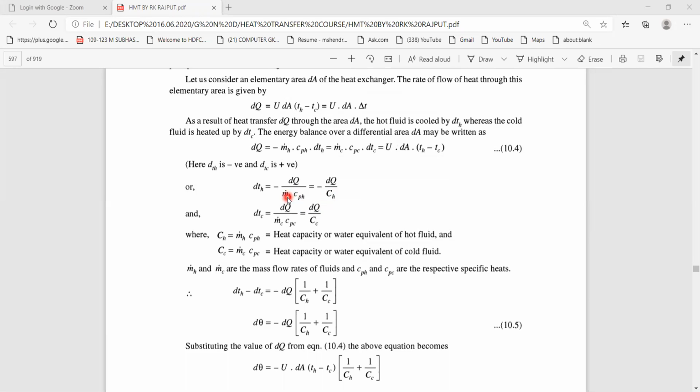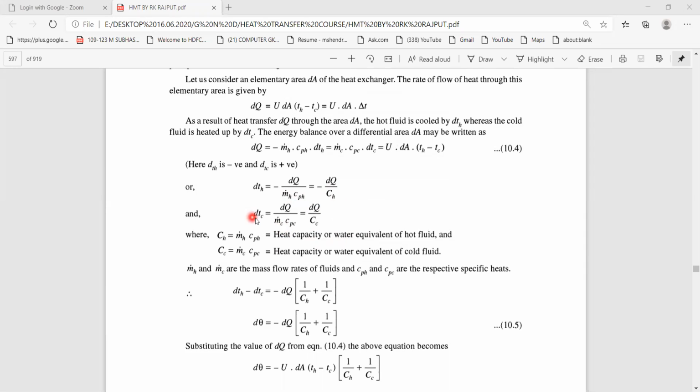If we replace m dot h cph by Ch, m dot h is the mass flow rate of the hot fluid, and cph is the specific heat of the hot fluid. The product of these two gives you capital C suffix H, which is the heat capacity of the hot fluid.